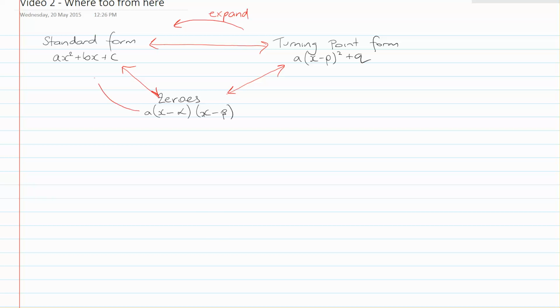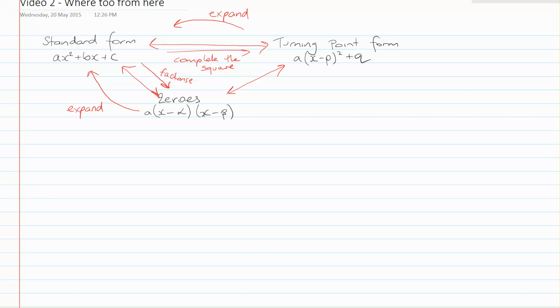If we're heading from zeros to standard form, well, we just expand brackets again. Then, if you're heading from standard form to turning point form, this is where we completed the square. That will help you do that. And if you're going from standard form to zeros form, well, this is where we factorize.